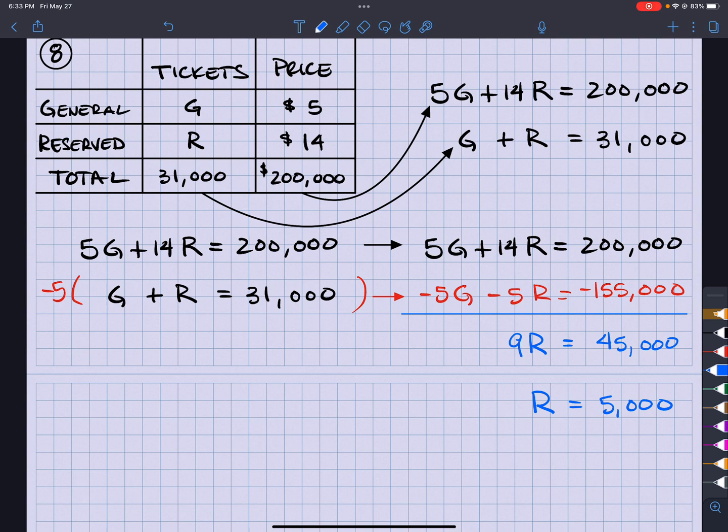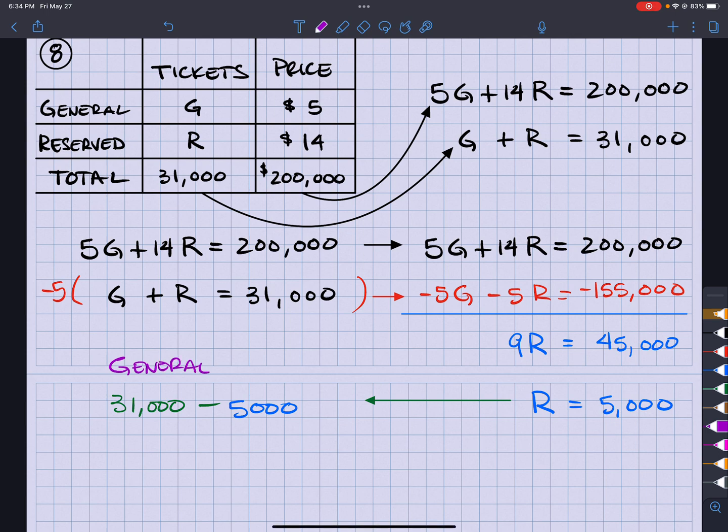If there are 5,000 reserve tickets, and there was a total of 31,000 tickets, that must mean I have 31,000 minus the 5,000, which must be the amount of general admission tickets.